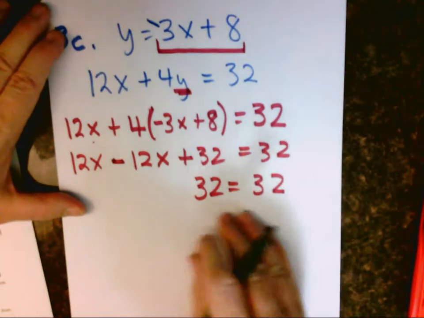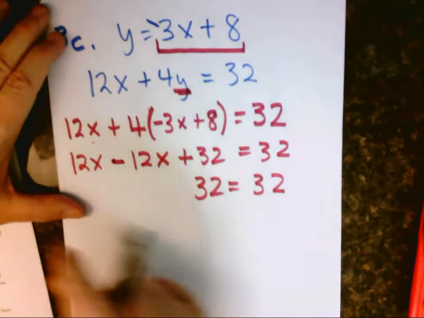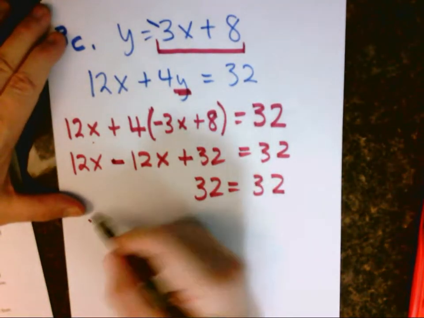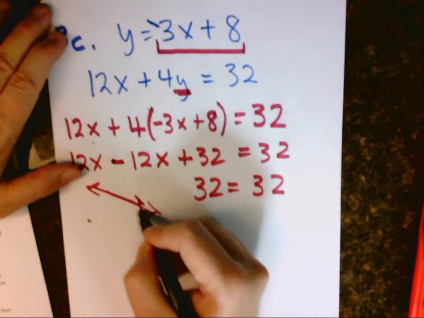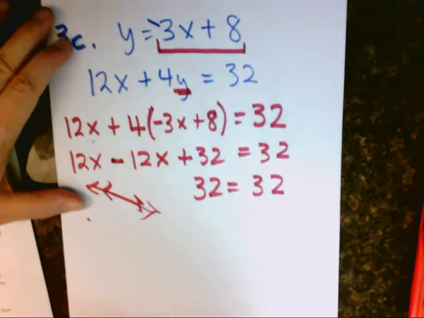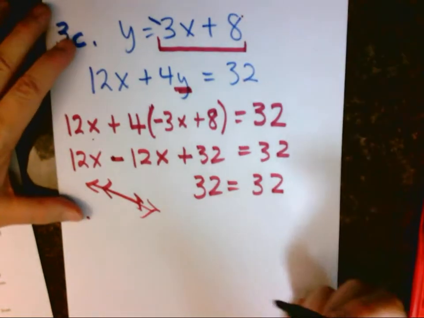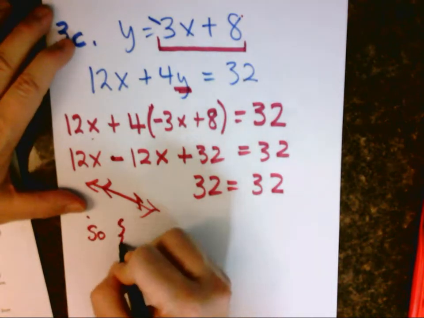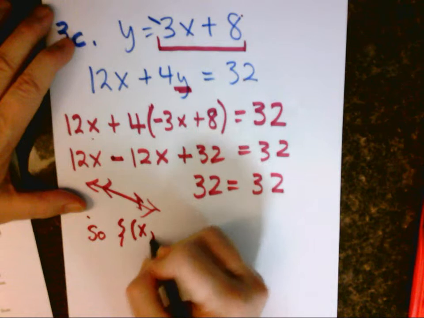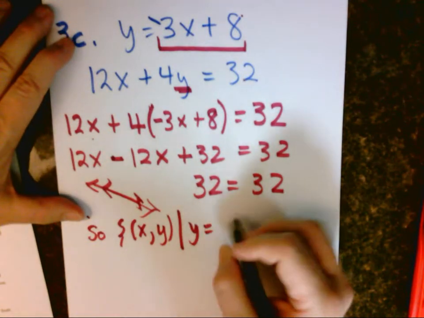Remember, sometimes when you get something that's always true, then it's going to work for every point that would be on this line. These lines, in fact, when you graph them, they're the same line, right? They're going to be the same line, both of those. In fact, this is just a multiple of that line. Okay, they're the same line. So the solution is the set of all x, y points where they are on this line.